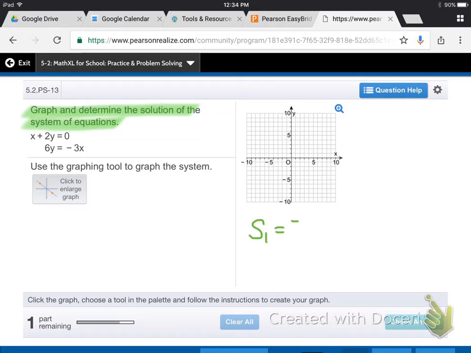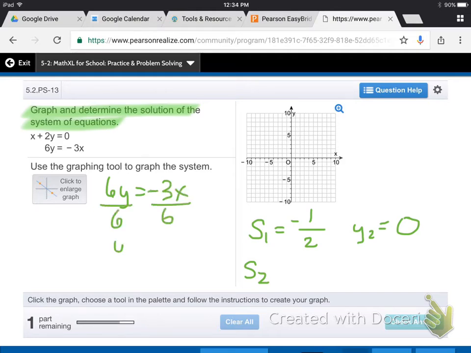So that is negative 1 over 2, and the y-intercept is 0 divided by 2, which is 0. And the slope of equation 2, now that is not in ax plus by equals c form, and so we have to take that equation and simply divide by 6 on both sides and solve for y.